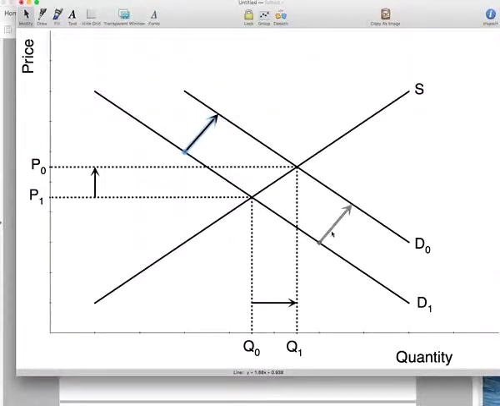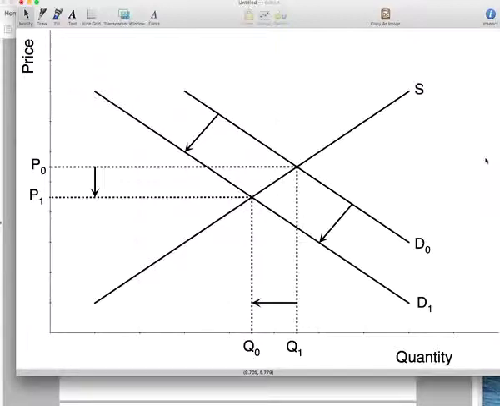Let me change these so that the arrows are facing in the opposite direction, and get rid of that arrow. So this is what your graph should look like if we have an increase in income for an inferior good.